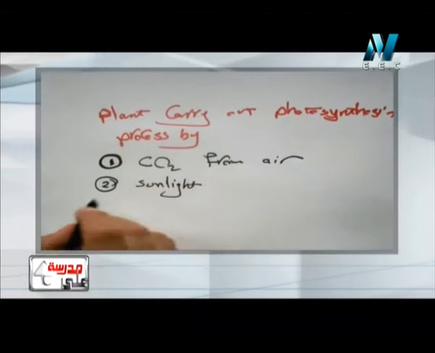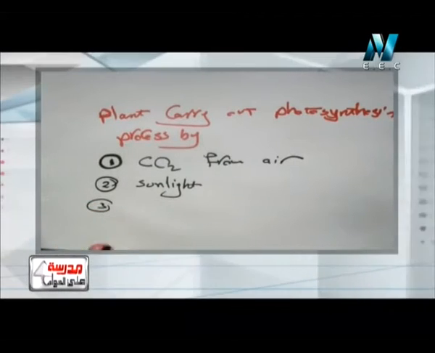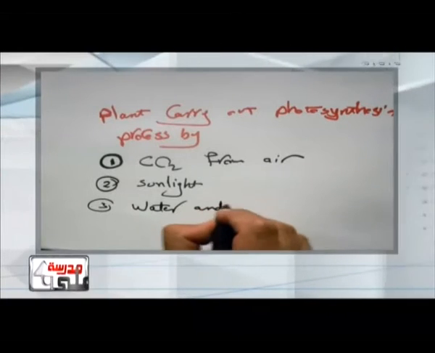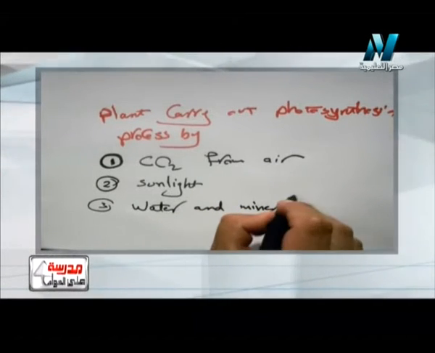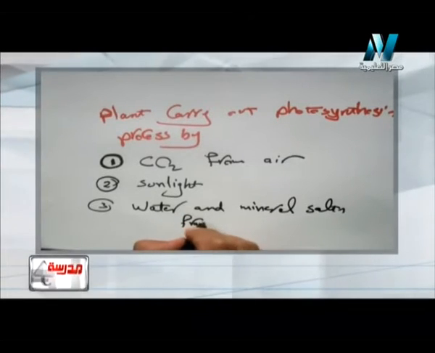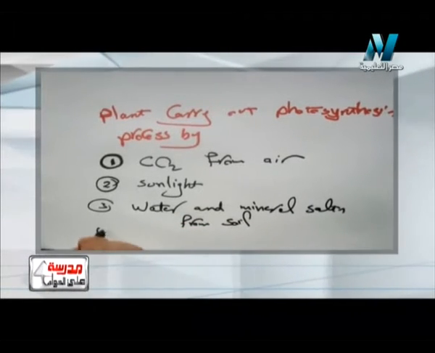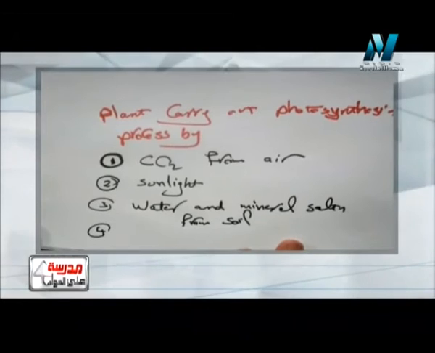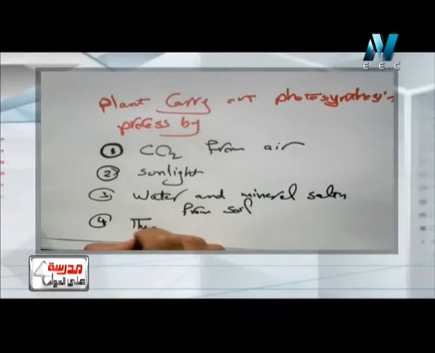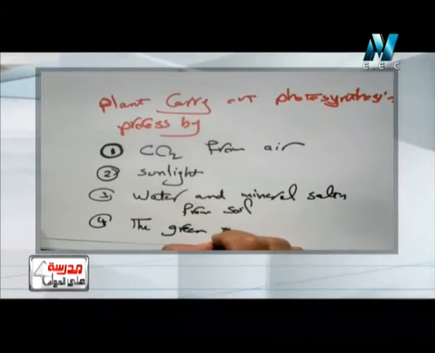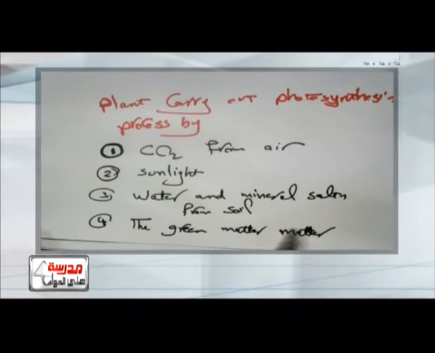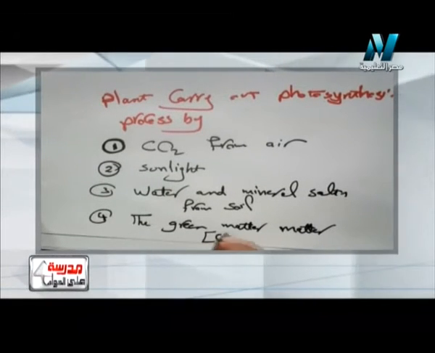Number 3, water and mineral salts from soil. At last, the green matter, which is called chlorophyll, which is found in the plant itself.